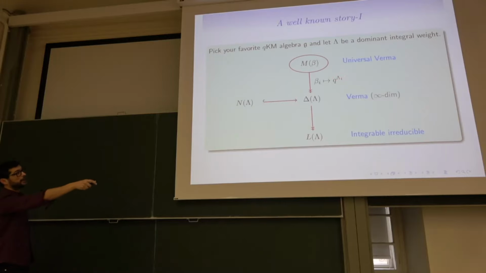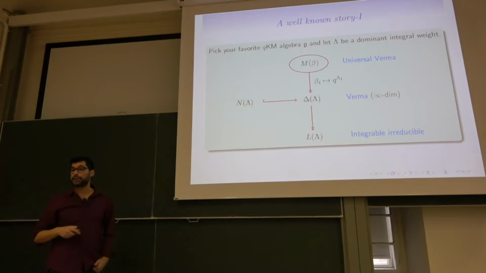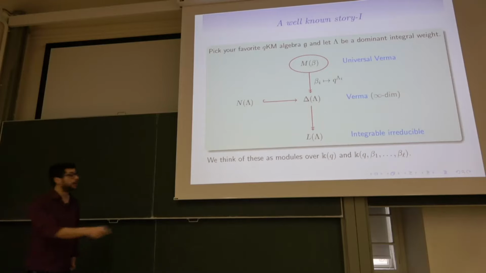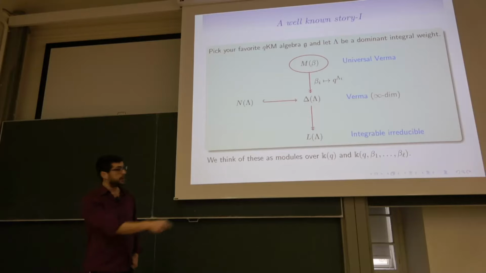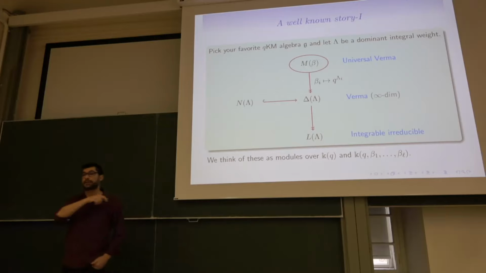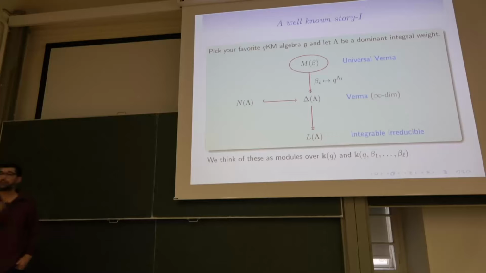If lambda is complex, you can see this has a different parameter, beta, you specialize, and you get your Verma and your integrable irreducibles. So there's a parameter q, and there are parameters beta coming from the structure of your Kac-Moody algebra. We always think of these as modules over a field, the field of rational functions, to avoid some technicalities of irreducibility and things like that. So the universal Verma will be irreducible.